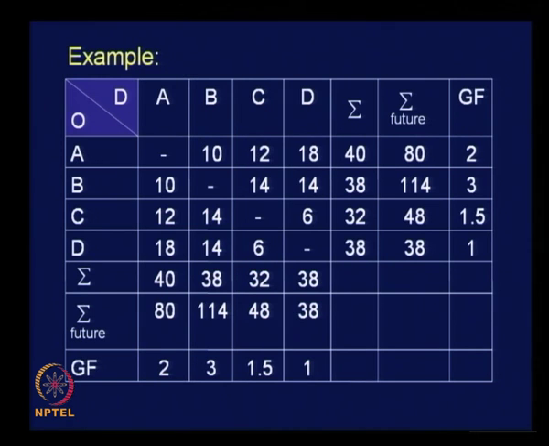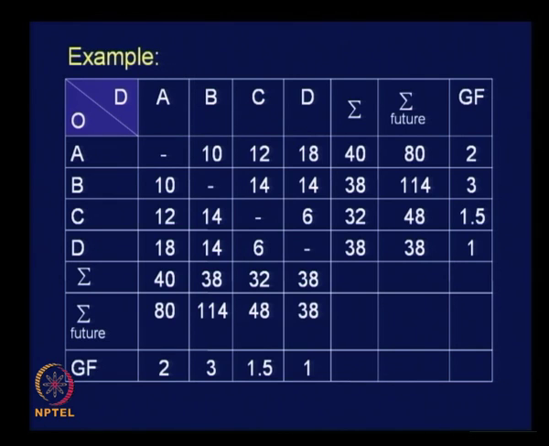You can see as per the data, trips from A to B is the same as the trips from B to A, it is 10 in both the cases. Similarly, trips from B to C are the same as trips from C to B. So, that is what is meant by the symmetry proposed by Fratar.